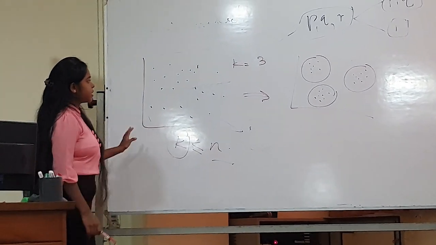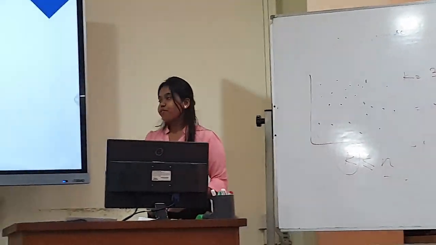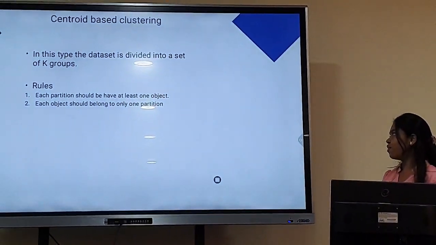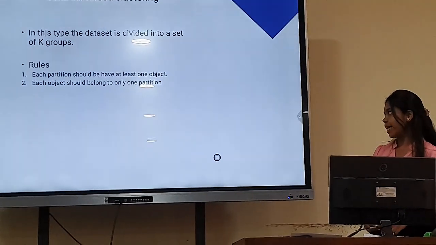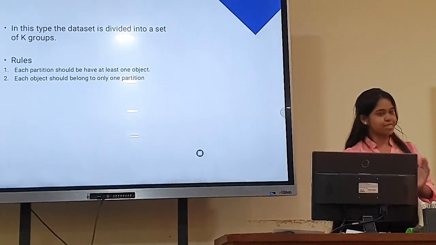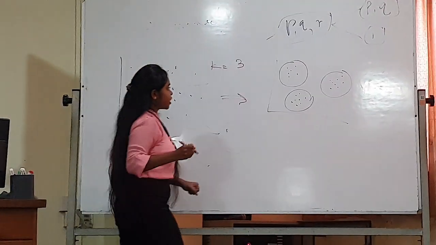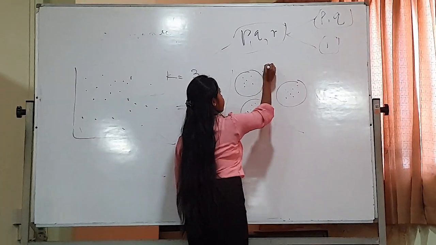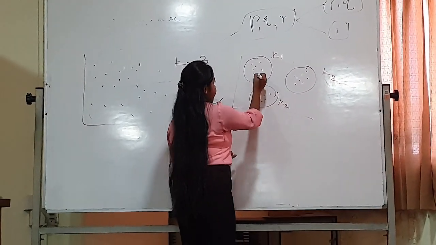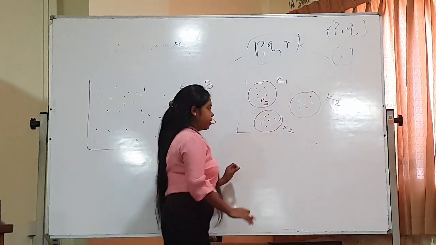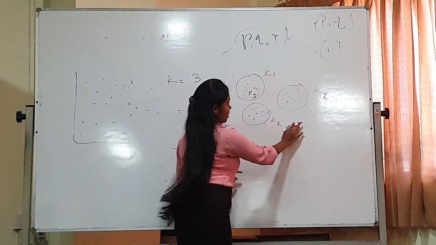When you cluster your data in this method, you follow two rules. First, each partition should have at least one object, and second, each object should belong to only one partition. For example, distributing into clusters K1, K2 and K3, if I have P3 data under K1, you cannot have the same P3 in K2 or K3.